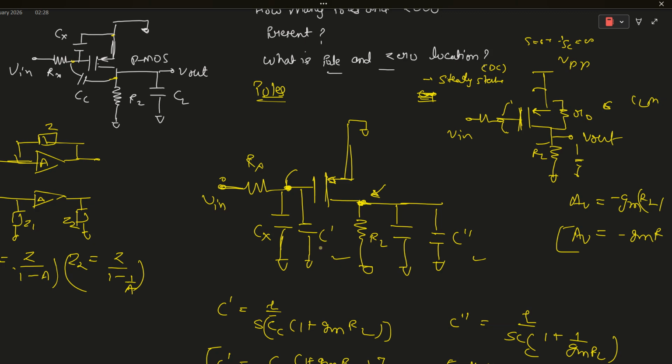The only condition here is that at each node there is one equivalent resistance and one equivalent capacitance connected. At each node we have to see whether resistance and capacitance are there; if so, we can say a pole is there.